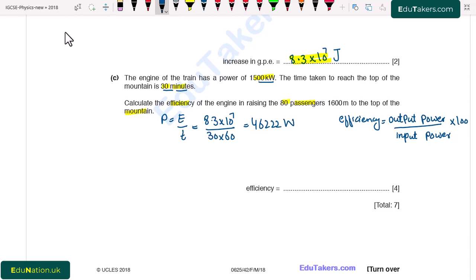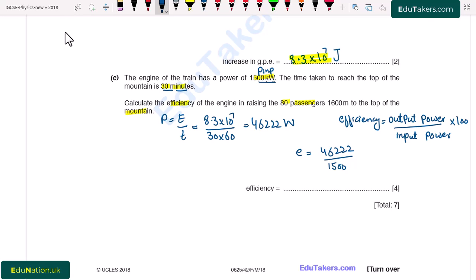Now we have input power and output power. By putting values in efficiency formula we can calculate it. So I write here E will be equal to 46222 divided by input power is this one 1500, and there is kilowatt.